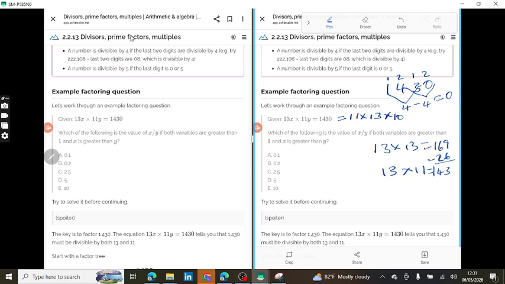Now the question added more things. It said if both variables are greater than 1 and s is greater than y, so what is s over y? Can you now solve it?